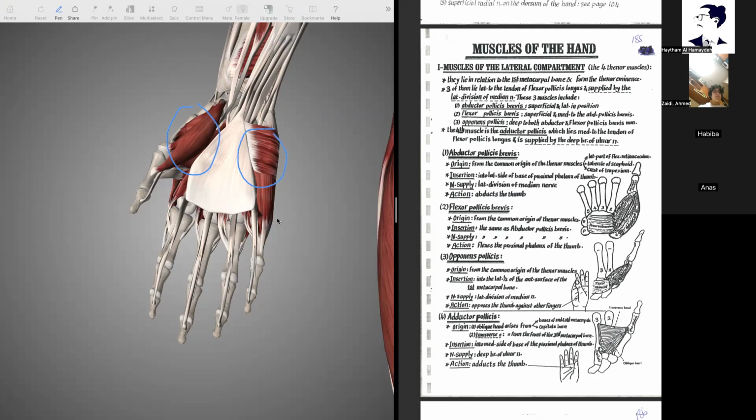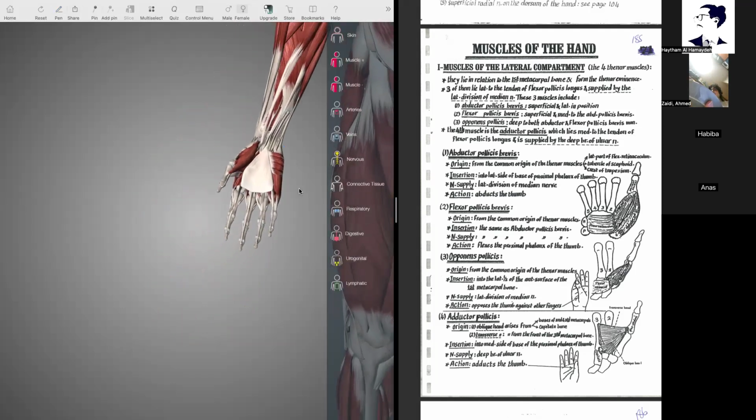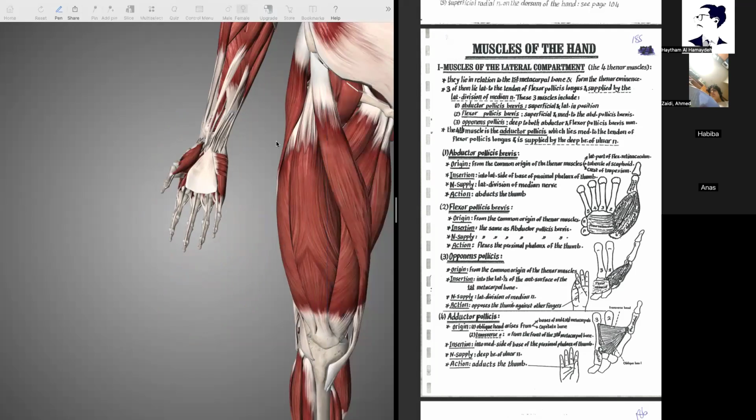So when I say muscles of the lateral compartment, I mean right here. Here, medial compartment, closer to the body, and here, lateral compartment, away from the body.